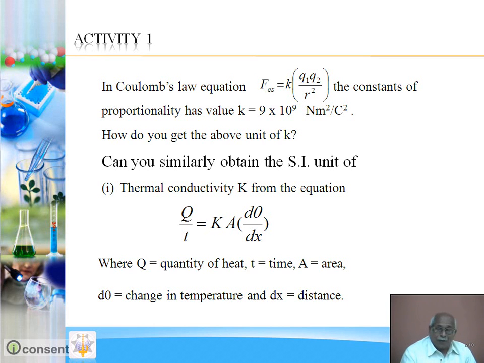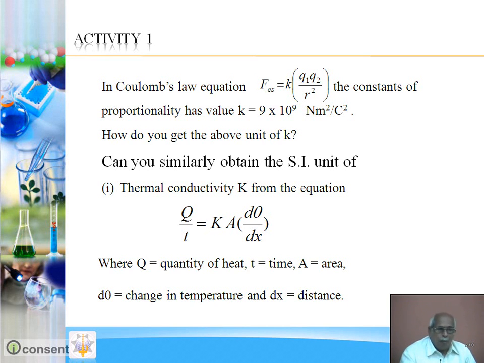Now try the same method to obtain the unit of thermal conductivity K. You are given an equation. For the present, don't bother what thermal conductivity is; you learn that in advanced classes. But at present, you can decide the unit of K from the equation given here.